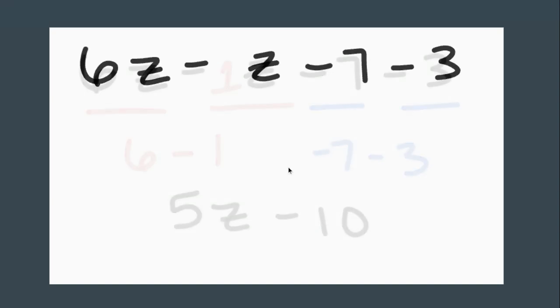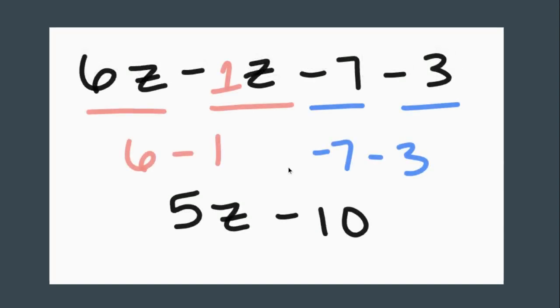We have our variable terms, which is just z, which is pink, and we have our non-variable terms, which is going to be blue. I showed you the math for it right underneath, and I added that one in front of the z because every variable that doesn't have a number out in front of it actually has an invisible 1. So here we have 6z minus 1z, which is going to give us 5z.